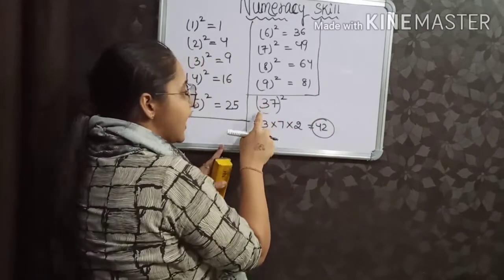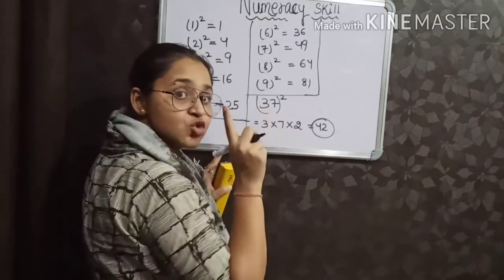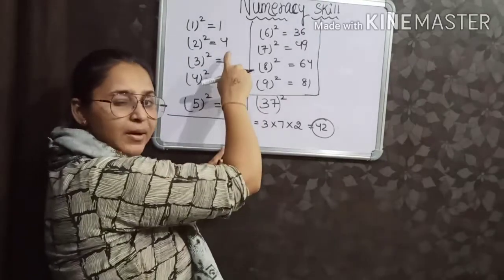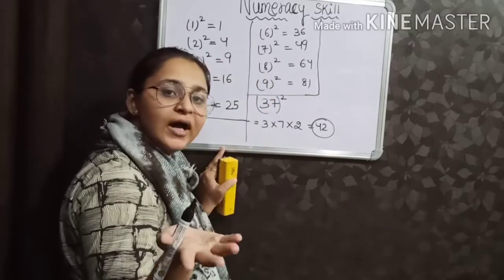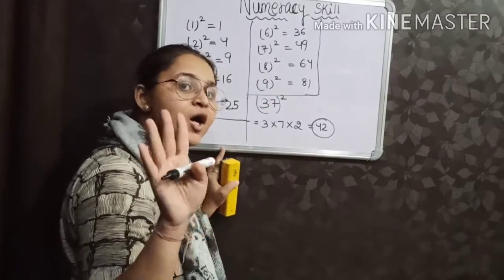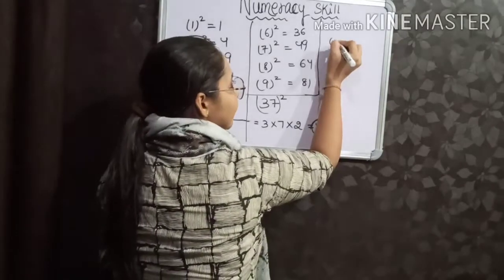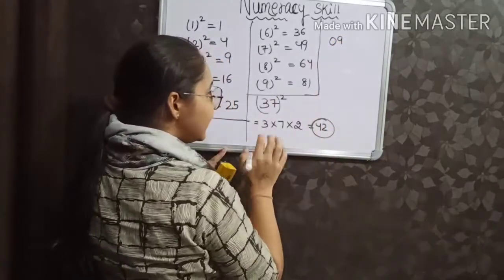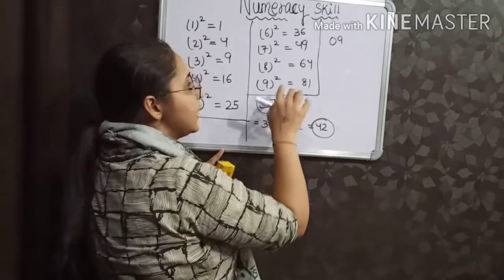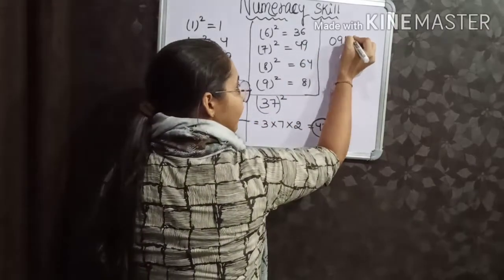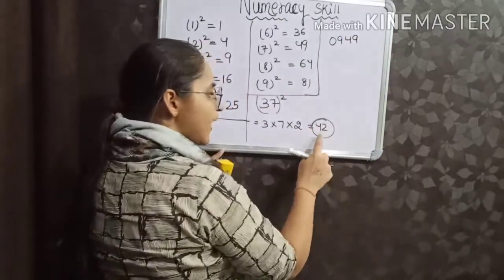Next step is I will square 3 and square of 3 is 9, but it is a single digit. So I will add 0 to make it 2 digit. So I will write here 09. Now 7 square is again 49. Now how will I write 42?